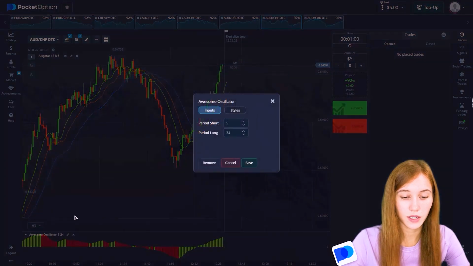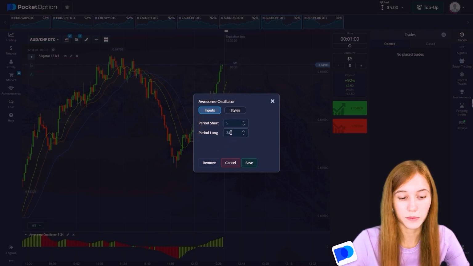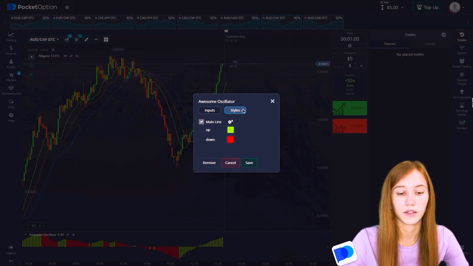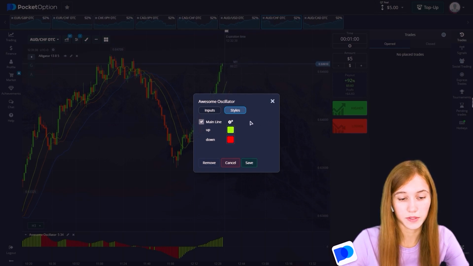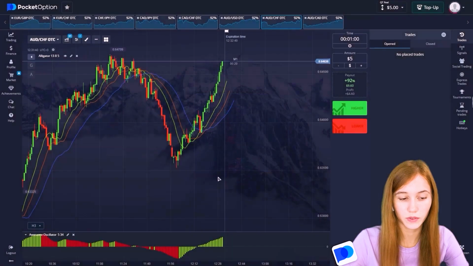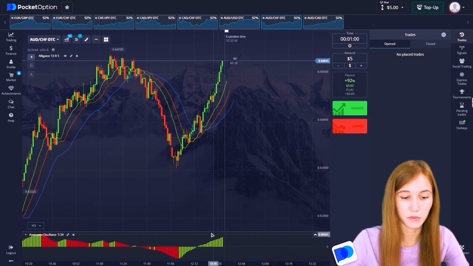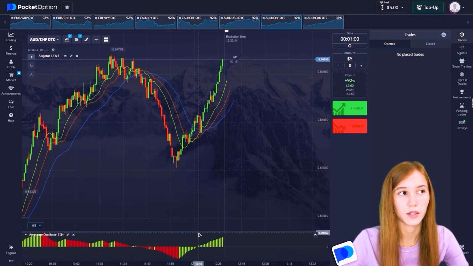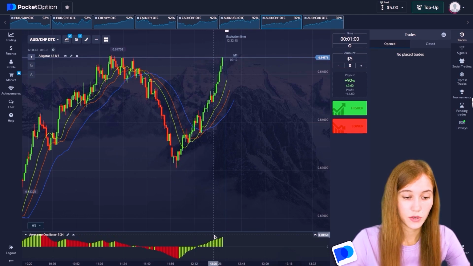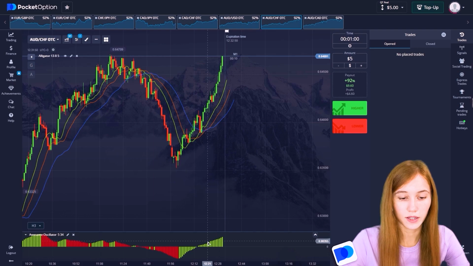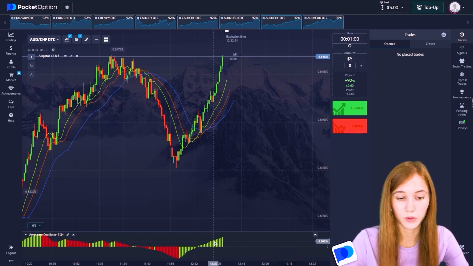And the second indicator, the oscillator, is located at the bottom of the screen. Its settings, I won't show for long. This is an indicator that mirrors the mood of our market. It shows what the market is like at the moment. Thanks to this indicator, you can determine whether the market is bullish or bearish.